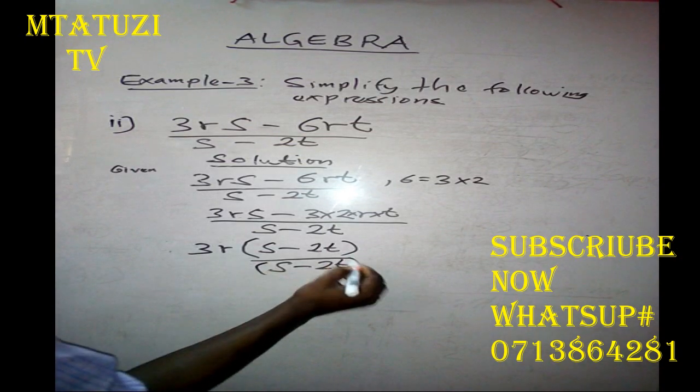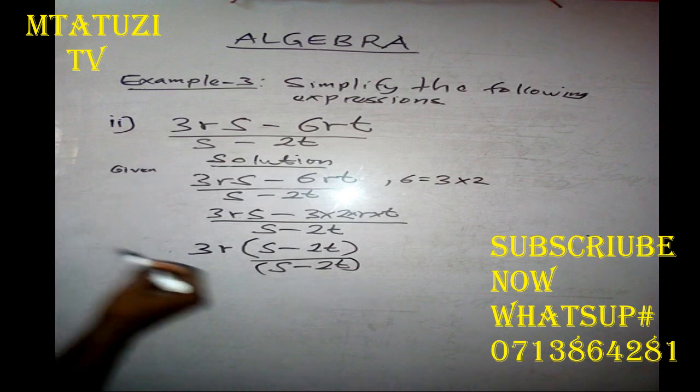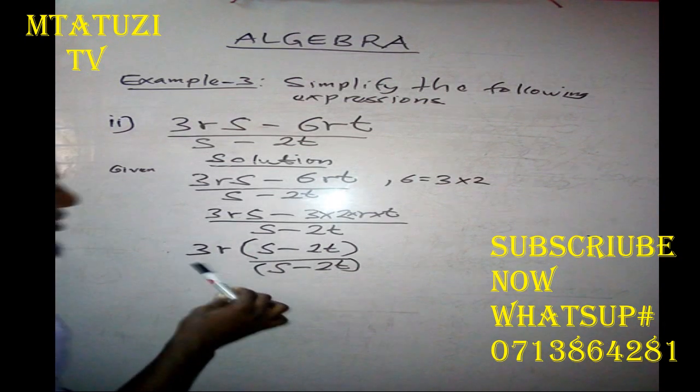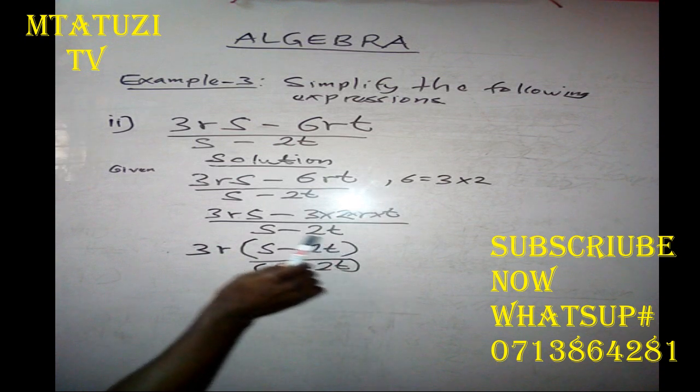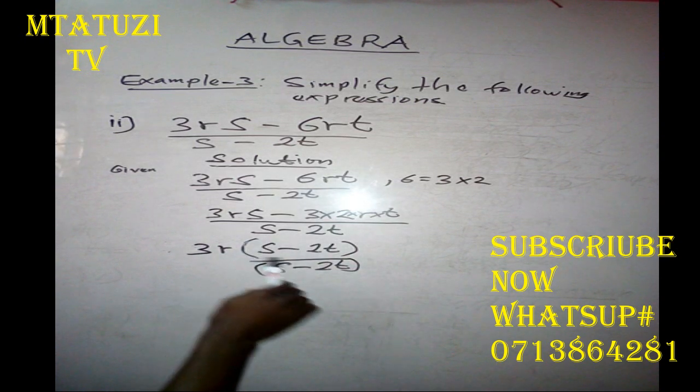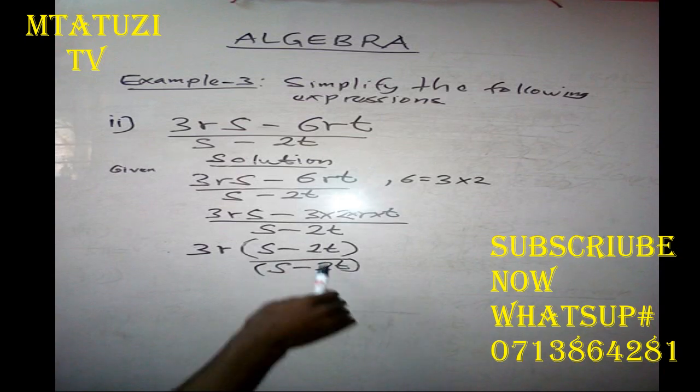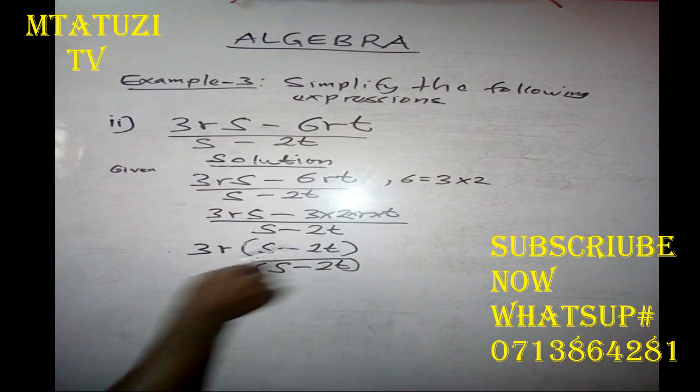You see? So now our job is very simple. After factoring out, the upper term is the same as the downward term. So here our job is just to cancel.